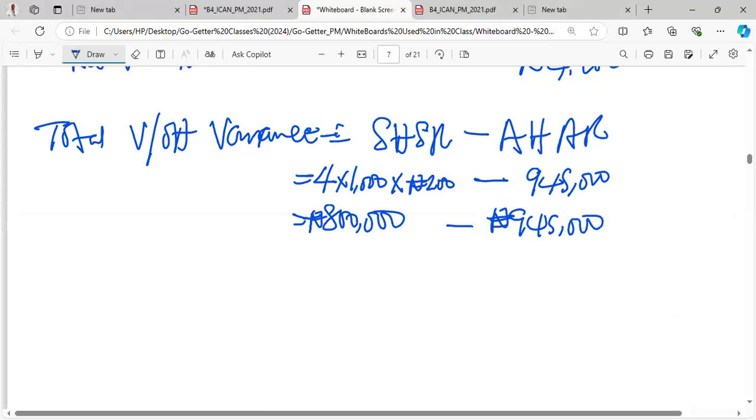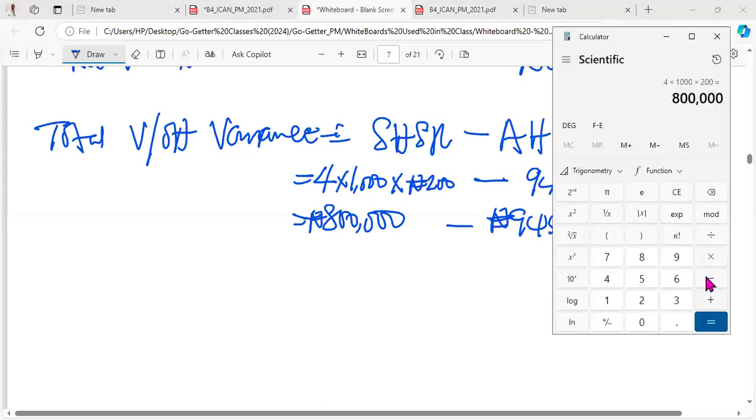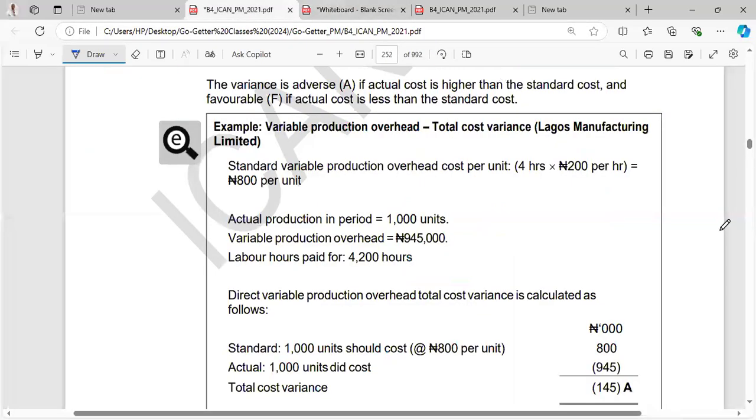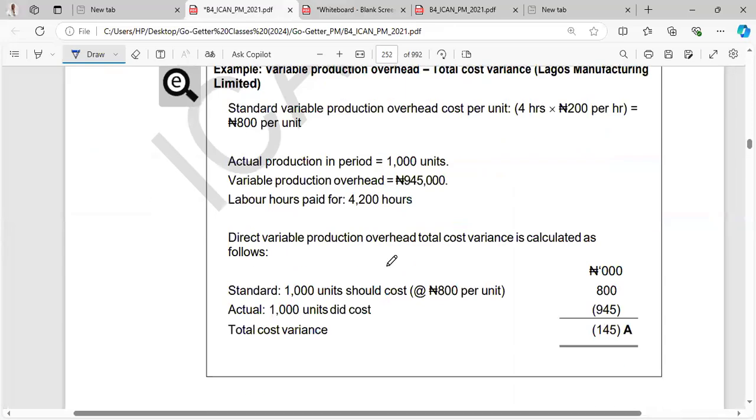So what happened here? 800 minus 945 is 145,000 adverse. So that's your total. That's what we got here, 145 adverse.